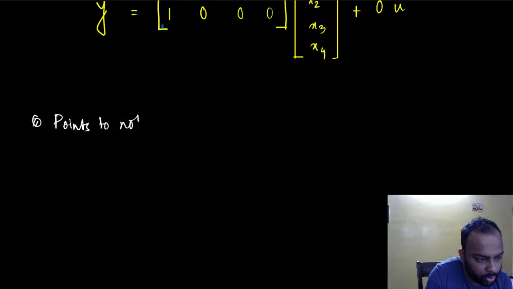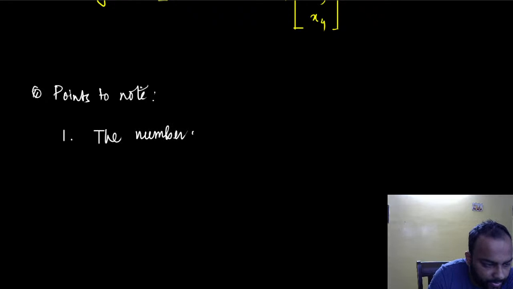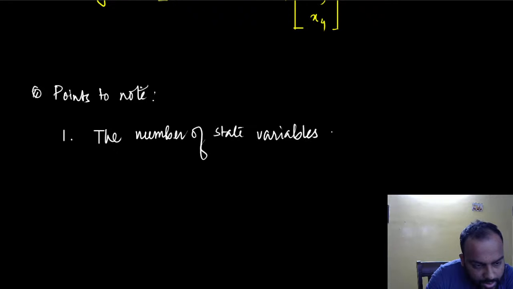Number one, the number of state variables is always equal to the order of the system.